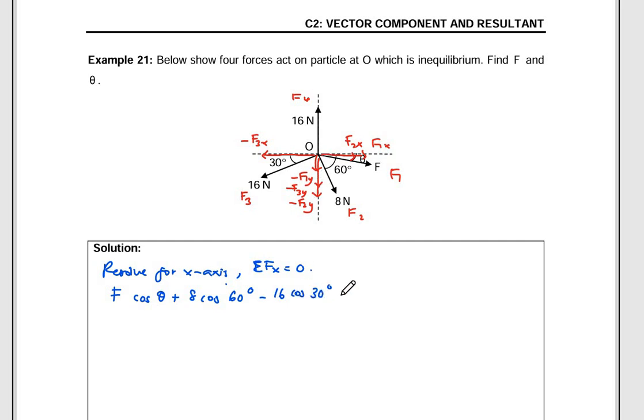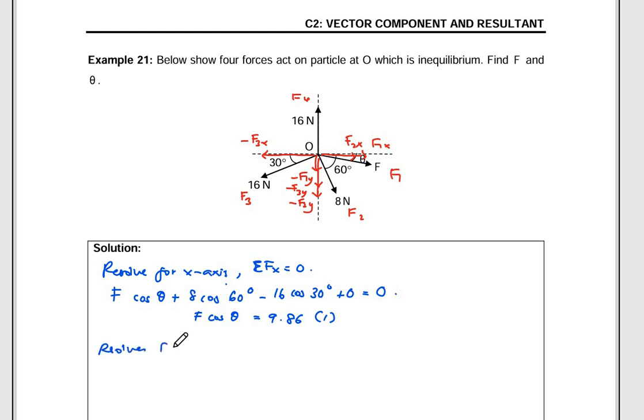Okay, F4 kosong. Saya letak kosong. Sama dengan kosong. So, ada dekat sini F cos theta sama dengan 9.86. Okay, saya letakkan sebagai satu. Sebab dia ada dua unknown, satu F, satu theta. Yang lain ni semua nombor. Saya letakkan sebelah kiri, kanan.